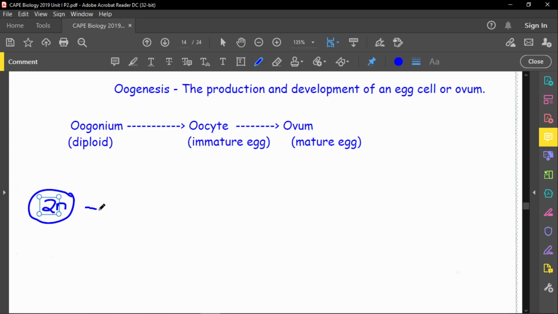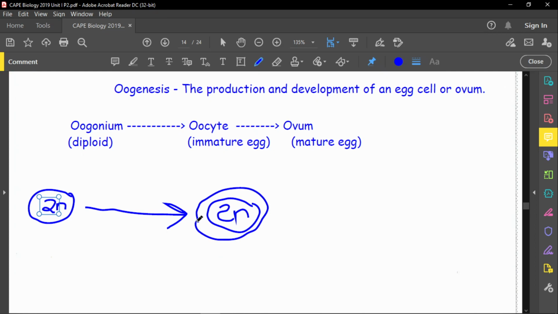Then I'm going to take this into another 2N, but I'm going to make this 2N a little bit different. I'm going to put a second ring around this one for a particular reason, which I'm going to explain shortly. Then this will take you into an N, and then this will also take you into another N.